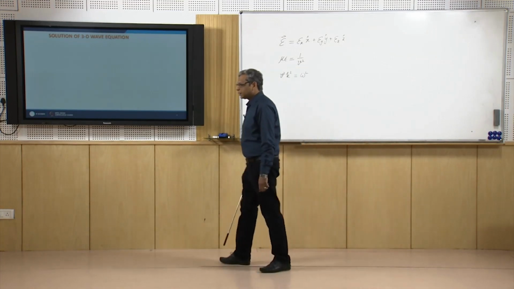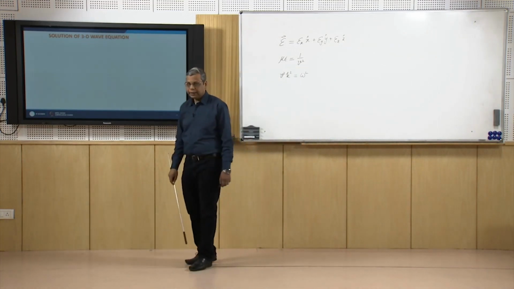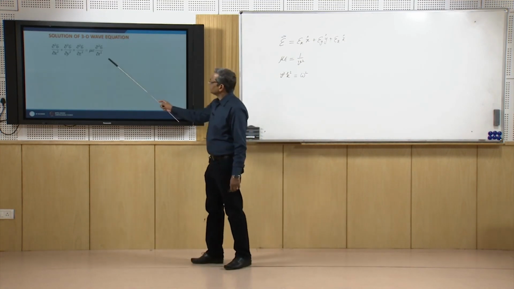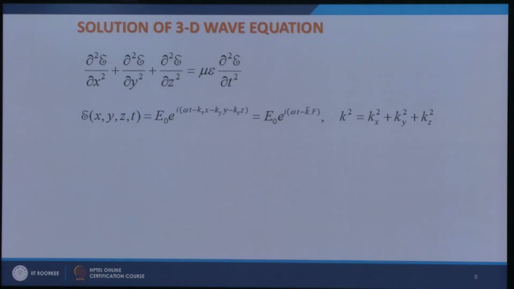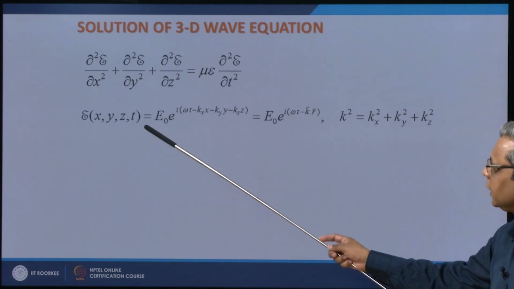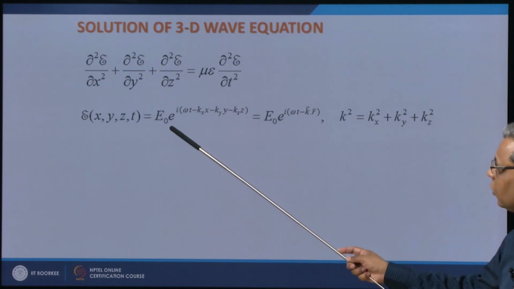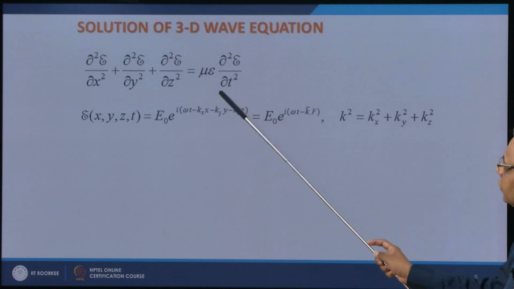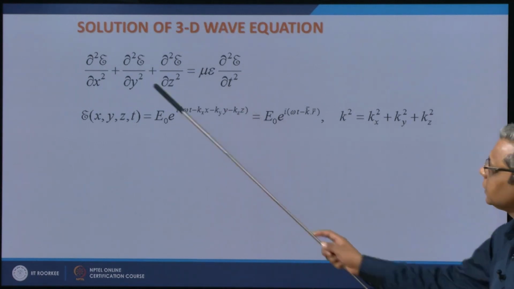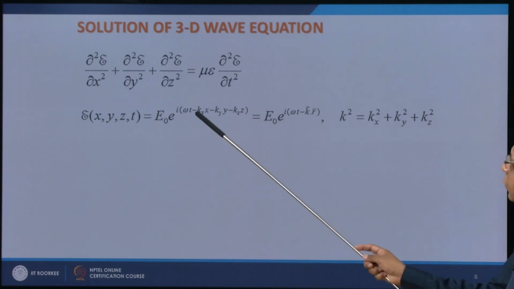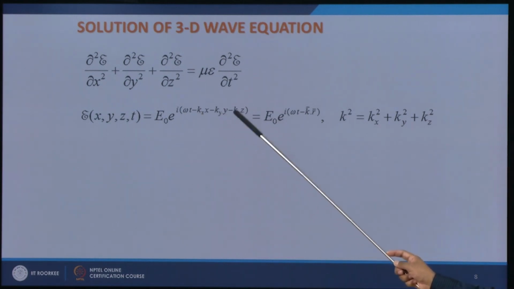Now, let me generalize this for the 3D case. The 3D wave equation is this, and the solution would be E of x, y, z, t equal to E 0, again a constant, times e to the power i omega t minus k x x minus k y y minus k z z. The t solution remains the same, and since now I have x, y and z, all of them appear.